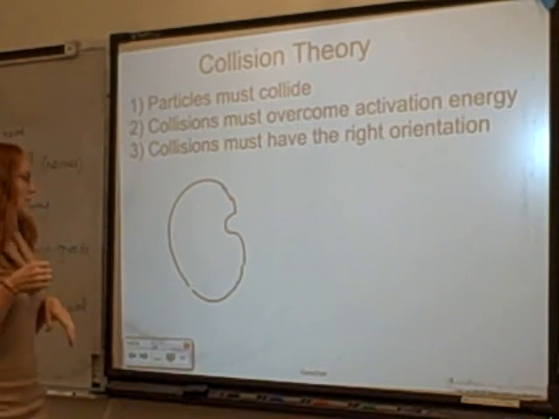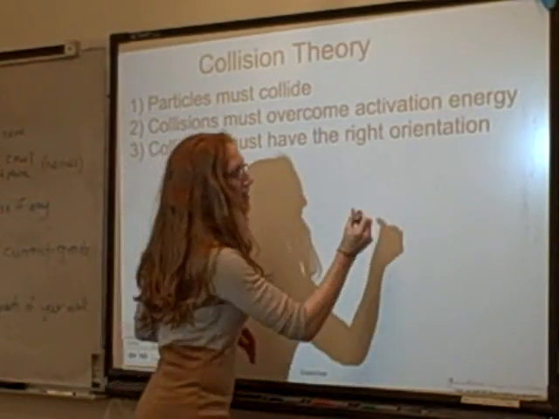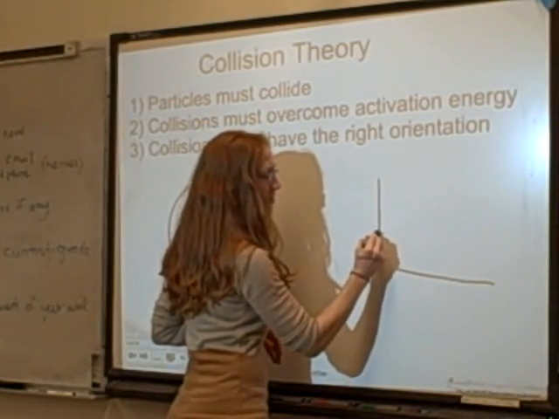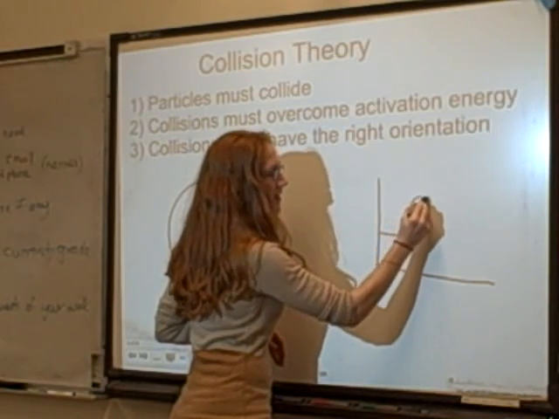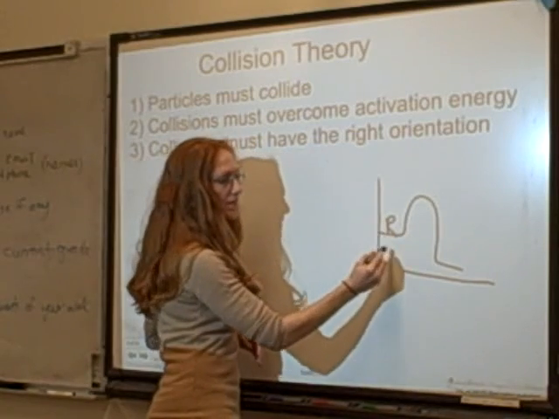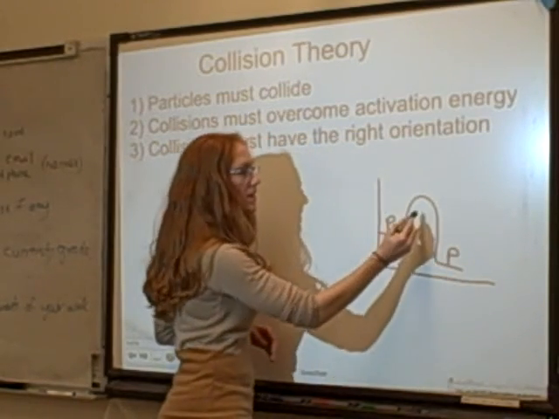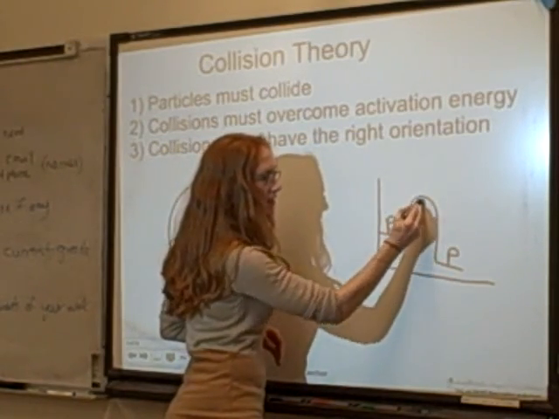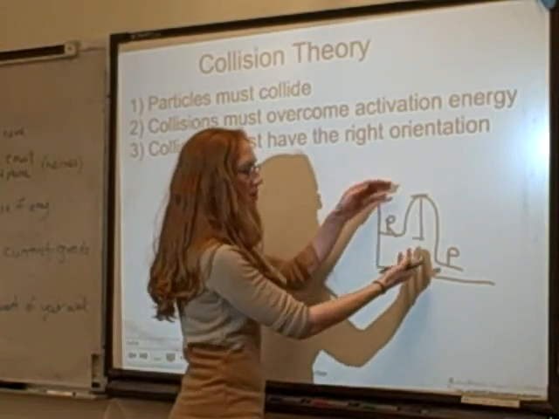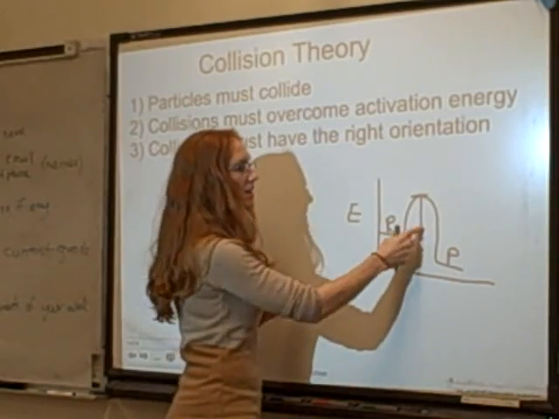And we often see these energy diagrams where we say these are our reactants, and then those are our products. So this is the stability of the energy that our reactants have. This is the energy that our products have. To go from here to here, if this is energy, this is going to be our activation energy. This is how hard the reactants have to collide in order to react.